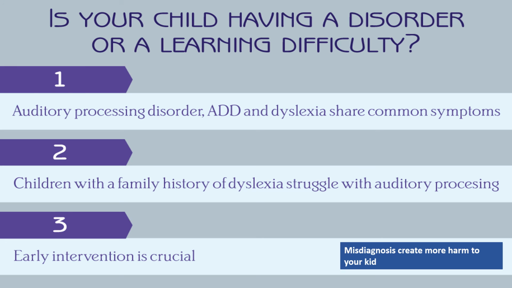So these are the three disorders that overlap and have similar symptoms. For example, auditory processing disorder, attention deficit disorder, and dyslexia have some common symptoms, and they are overlapping in nature. Number two, children with a family history of dyslexia struggle with auditory processing. And number three, early intervention is crucial.